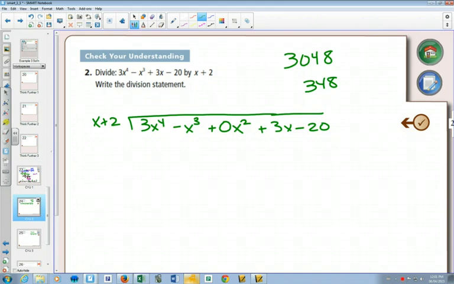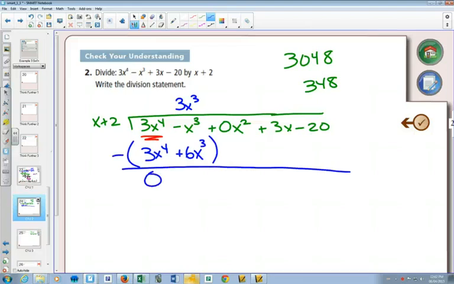We do the same thing. We look at our 3x to the 4. What would we have to multiply to get a 3x to the 4? A 3x cubed. Multiply that through. 3x to the 4 plus 6x cubed. Subtract. 0 minus 7x cubed plus 0x squared plus 3x minus 20.